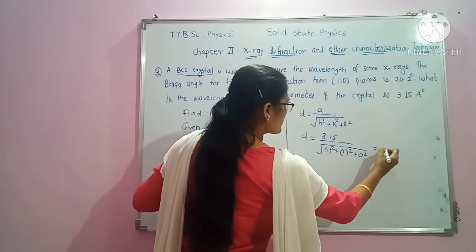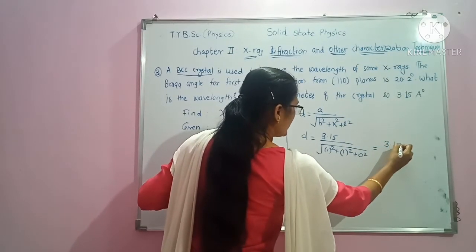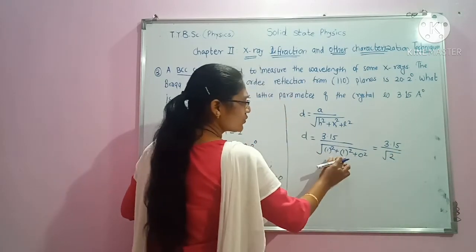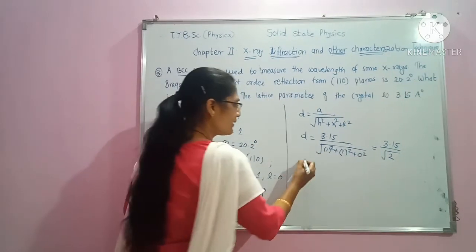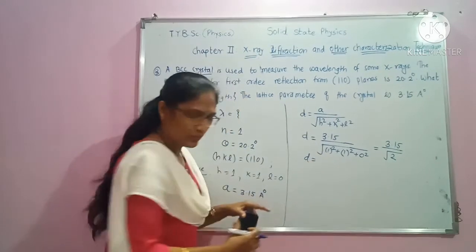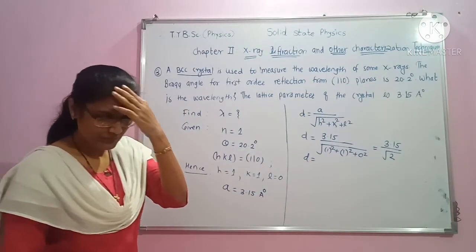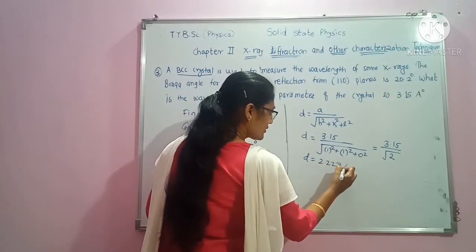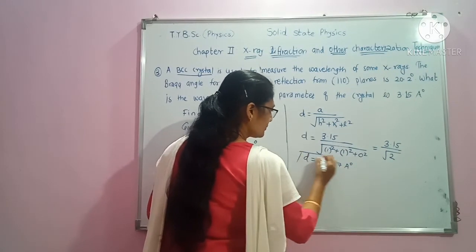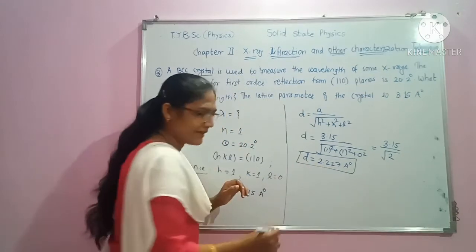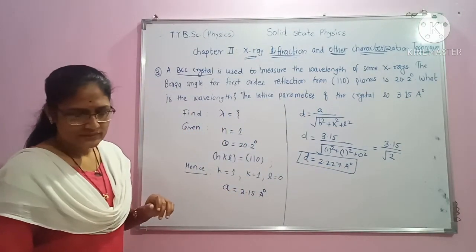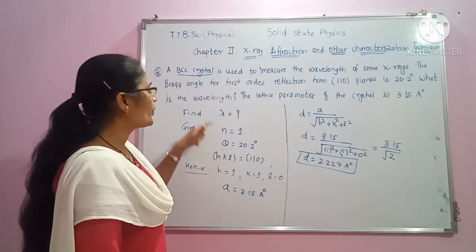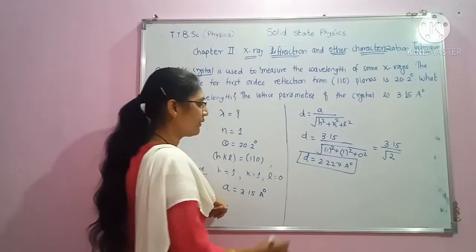So this comes out as 3.15 divided by square root of 1 plus 1, that is 2, and this value d comes out as 2.227 angstrom. Now we have to find out the value of wavelength.